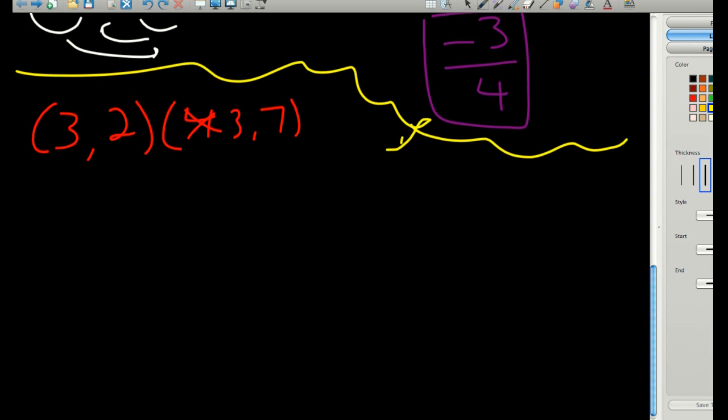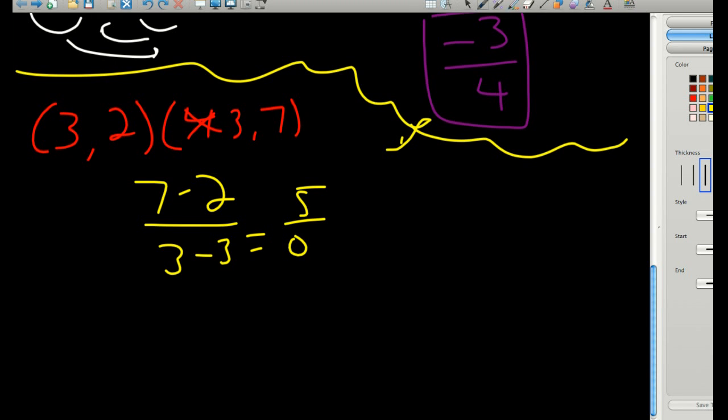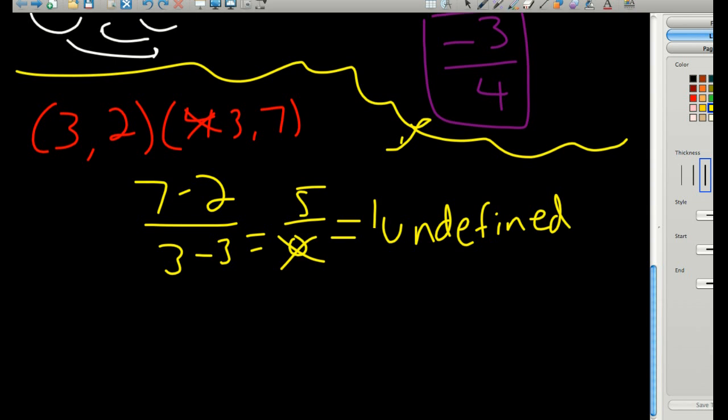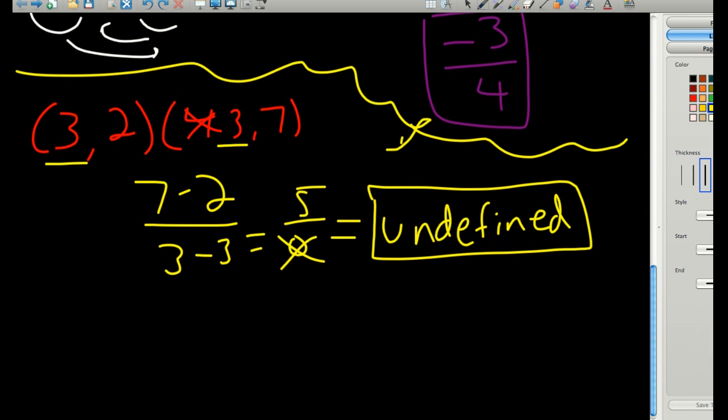Let's say we did y2 minus y1 over x2 minus x1. Well, we get 5 over 0 again, and since the denominator is 0, the answer is something we call undefined. It has an undefined slope. And a good way of looking at this is seeing if the x values are the same. If the 2 x values are the same, it will always have an undefined slope.